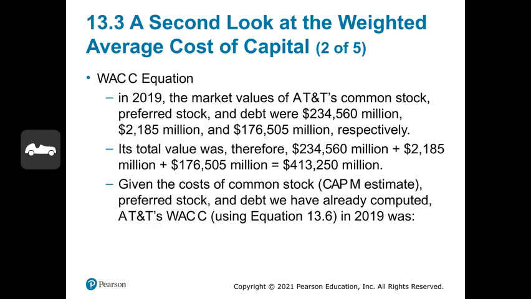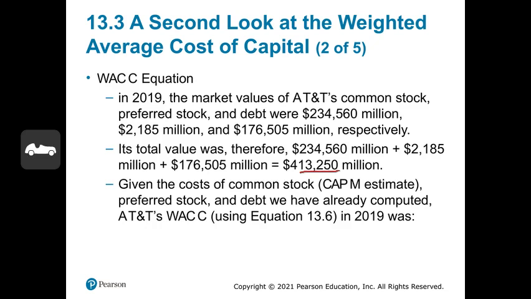So we're going to take the 6.6% and we're going to multiply it by the percentage that equity is of the total, 413,250. And then we're going to take the cost of the preferred stock, the 5.39%, times the proportion of the preferred stock of that total 413,250.